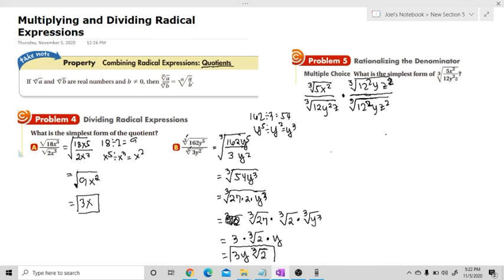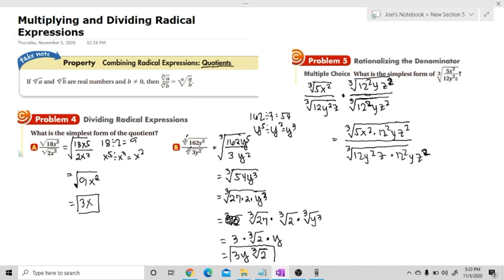Then multiply. It will be the cube root of 5x squared times 12 squared y z squared in the numerator. Then in the denominator, it will be the cube root of 12y squared z times 12 squared y z squared.